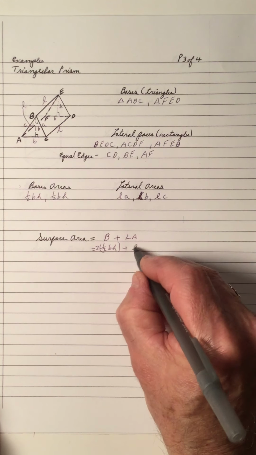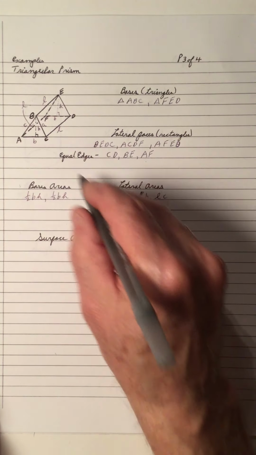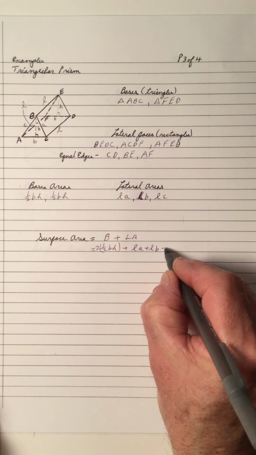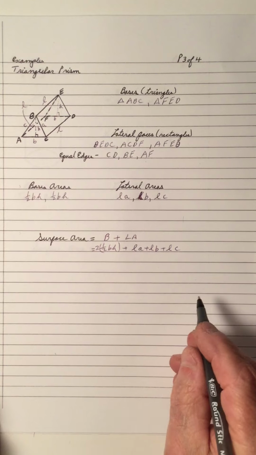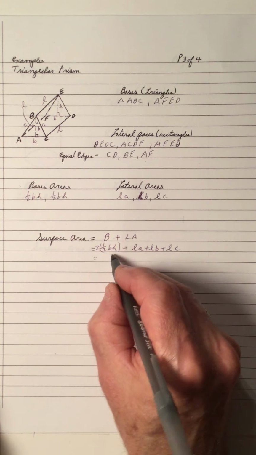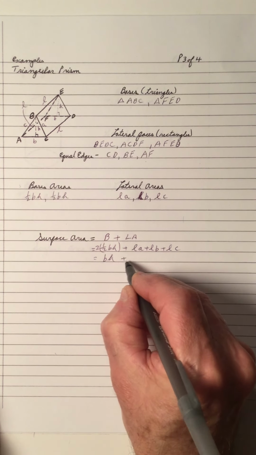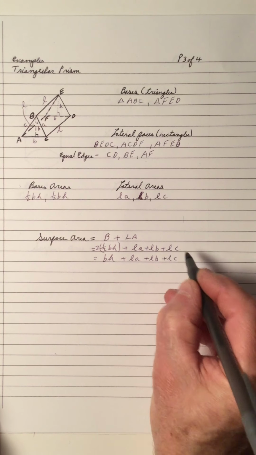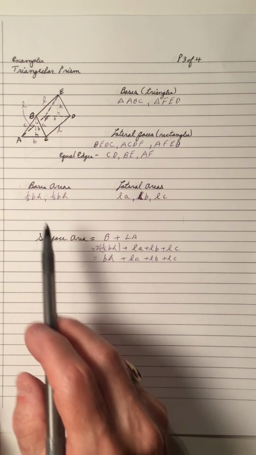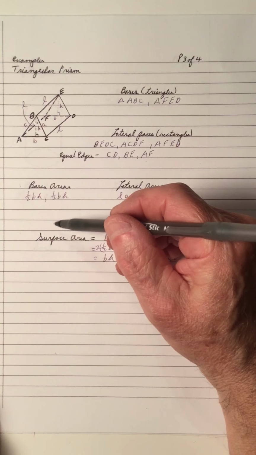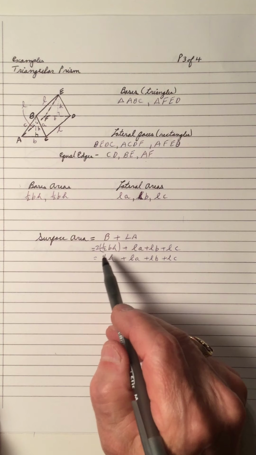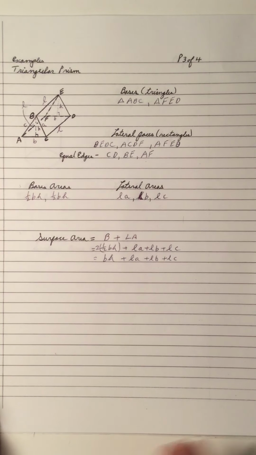And we add up the area of the sides, LA plus LB plus LC. And if you want to simplify that, go ahead. But what most students do, they find the area of 1 triangle and then they just multiply it by 2 instead of putting it in the formula. And then they say the base area is double the two triangles.